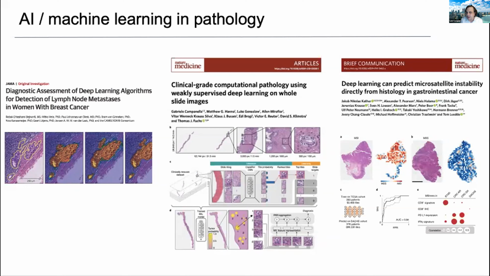There's also work on predicting things like mutation status from histology. It's not extremely accurate, and it's definitely not going to replace sequencing, which is getting cheaper and cheaper. But it's an interesting result, and it could be used for screening eligibility for some of these assays.